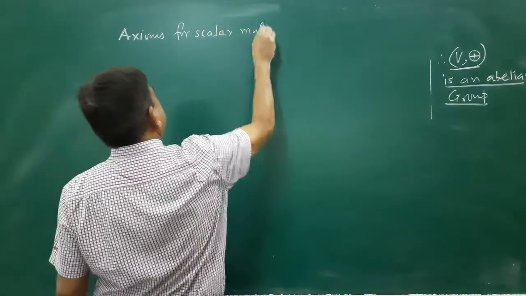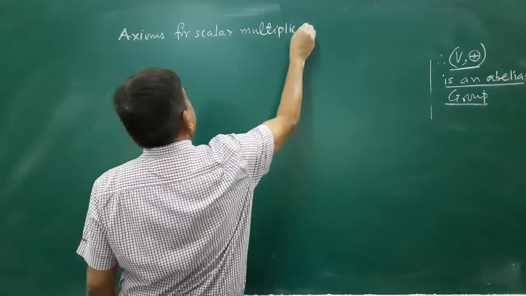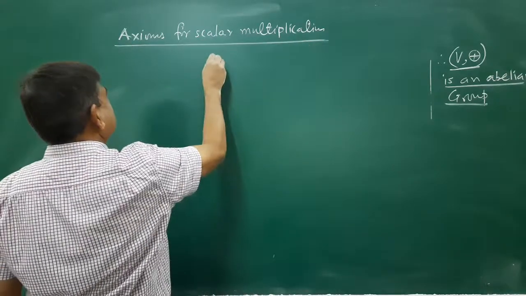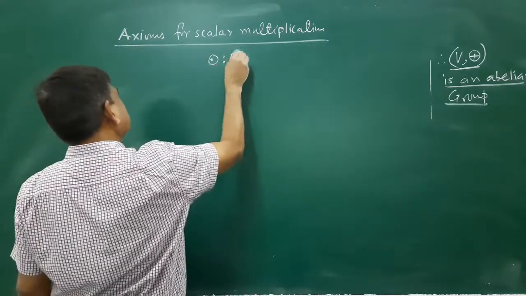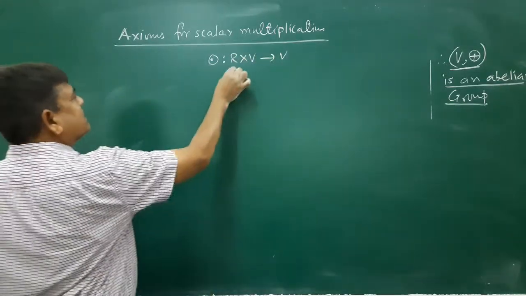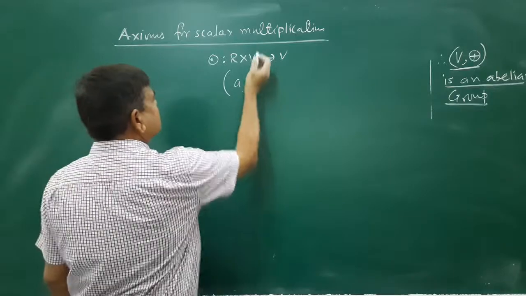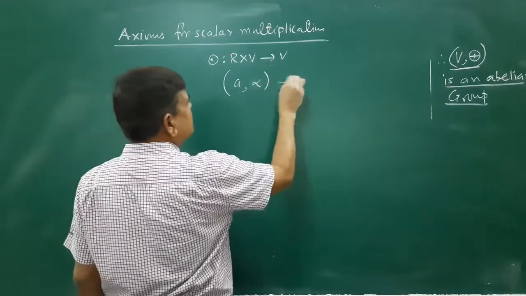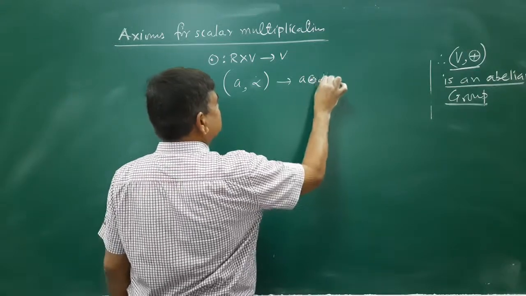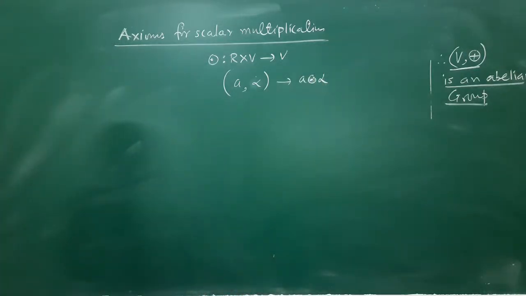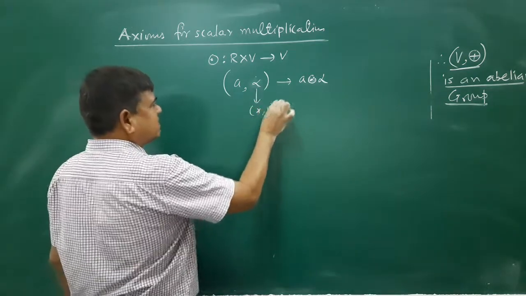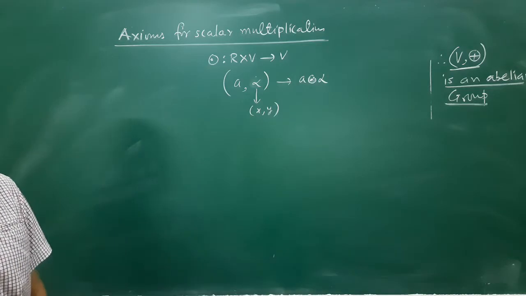Scalar multiplication. This is the opposite. A comma alpha. What is the nature of alpha here? x comma y.